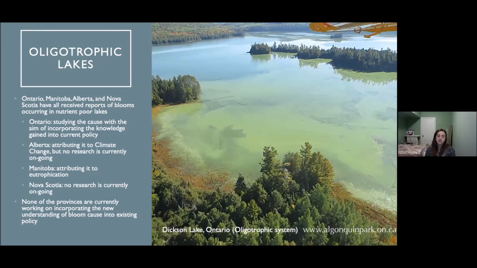Manitoba is attributing this to eutrophication, and in Nova Scotia, there's no research currently ongoing. And Saskatchewan did not confirm or is unaware if there are any blooms in oligotrophic lakes in their system. Currently, none of the provinces are working to incorporate the new understanding of bloom cause into existing policy, though Ontario is working on it.